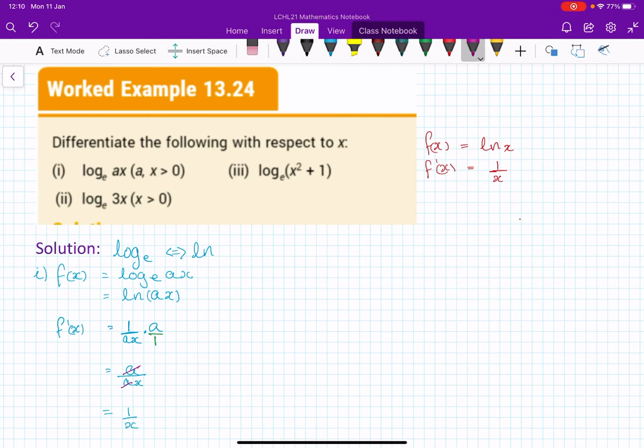The next one I have to look at is ln 3x. So it's the exact same thing. My f of x is equal to ln 3x. So my f prime of x is going to be 1 over what comes after the ln, which is 3x, multiplied by the derivative of what comes after the ln.